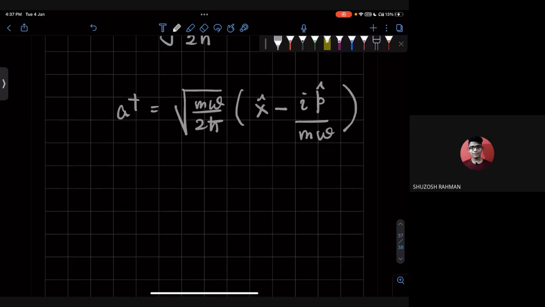Now, I have not put emphasis on this, but there is a fundamental commutation relationship that is fundamental to quantum mechanics.